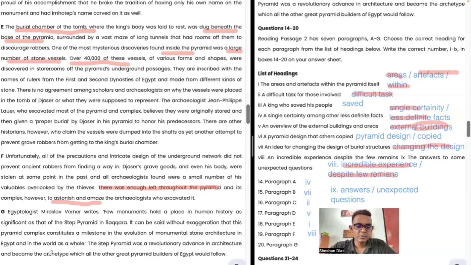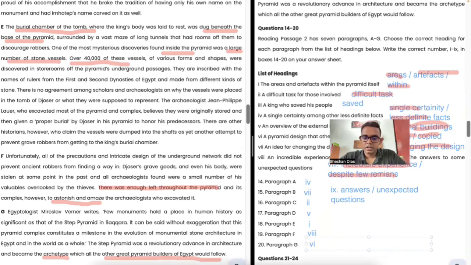They have said that this was the archetype, this was the basic design, the foundation which all other great pyramid builders would follow. So what have they done? They have copied his pyramid design. Very clear. Answer number 6. Right. There we are. All right.